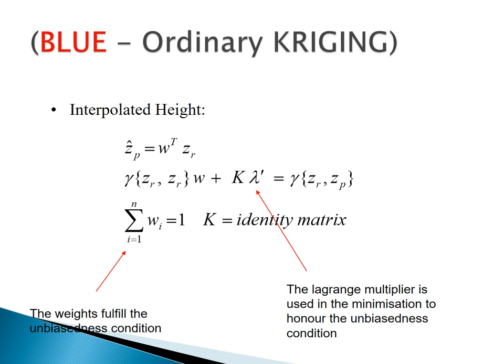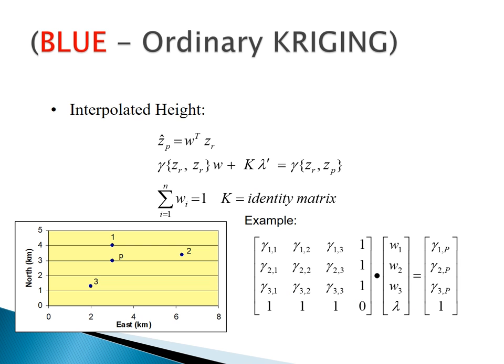So again, once I implement that, it fulfills the unbiasedness condition as it says, but it removes the bias that we put into our data sets. So mathematically, what does this look like?